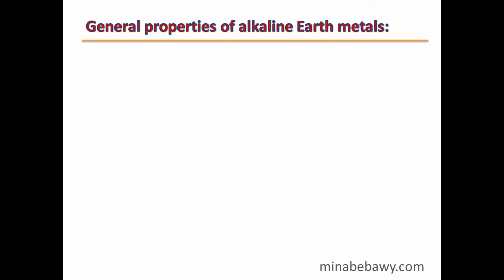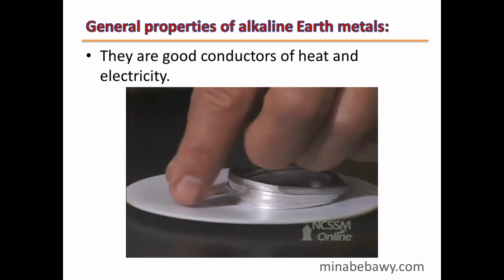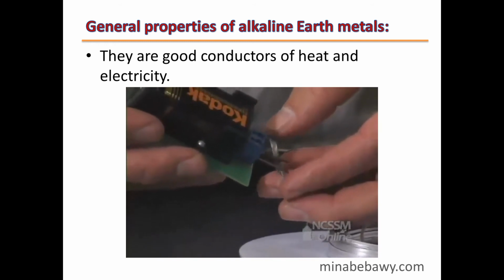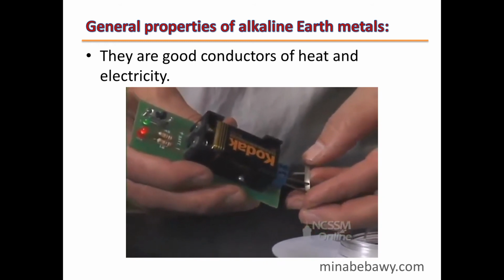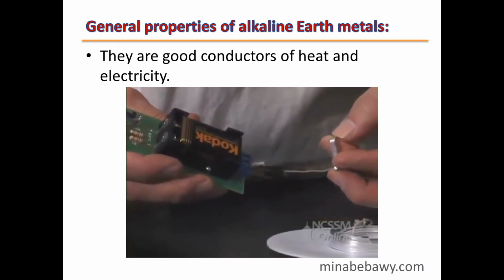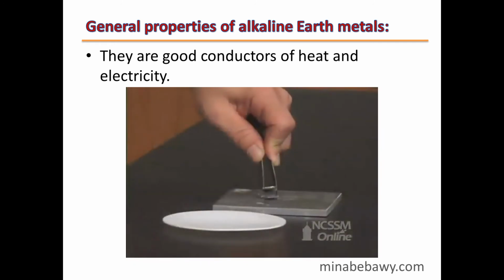General properties of alkaline earth metals. They are good conductors of heat and electricity. For example, if we have a piece of magnesium, as you can see, it is a good conductor of electricity. Also, they are malleable and ductile because they are metals.